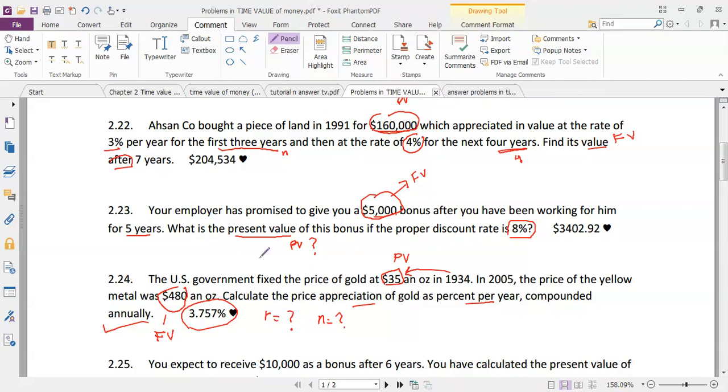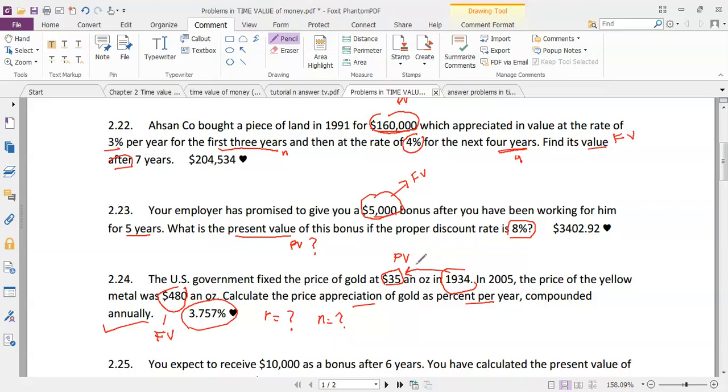Berapa? Alah, cepatlah. Tengok ni, dia kata harga gold pada tahun 1934, 35. 2005, harga dia 480. So, which one is the future? Future yang tahun yang akan datang. Katalah kita sekarang ni dekat tahun 1934. So, which one is the future value? Yes, 480.